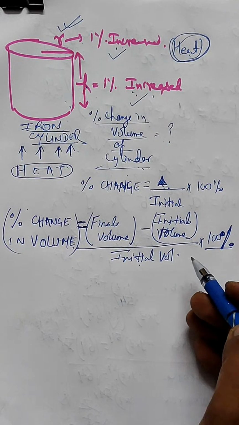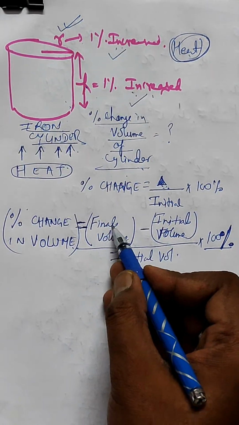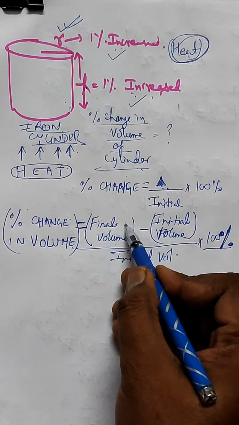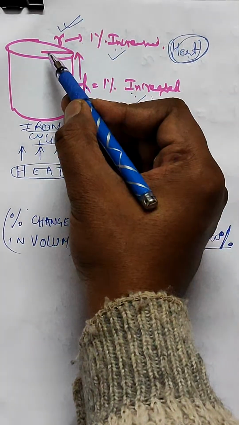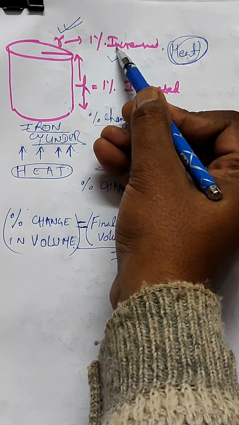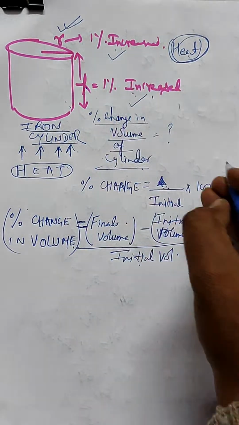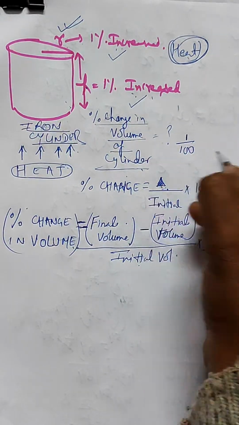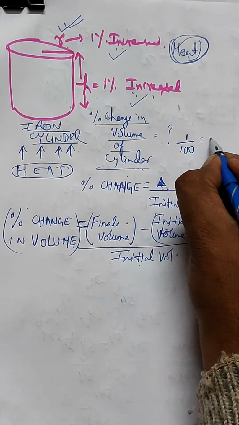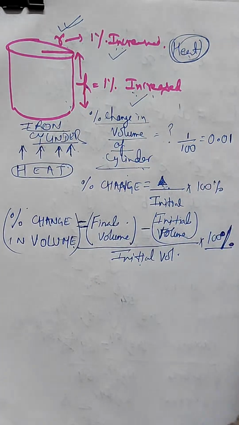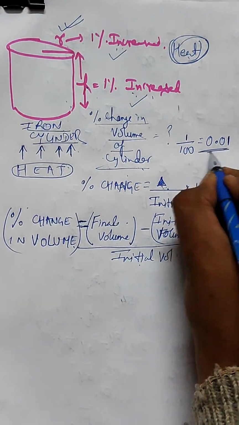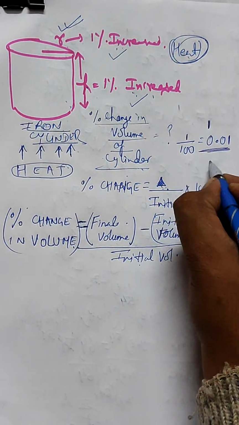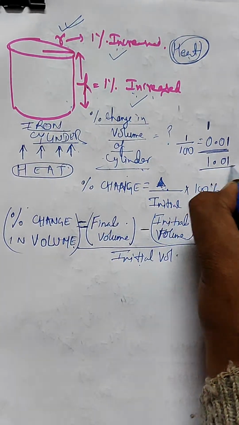It's very clear that the final volume will have a radius of r plus 1% increased radius, right? So what is the value of 1%? 1% is 1 by 100, so that will be 0.01. So 0.01 will be added to 1 to get 1.01, right?